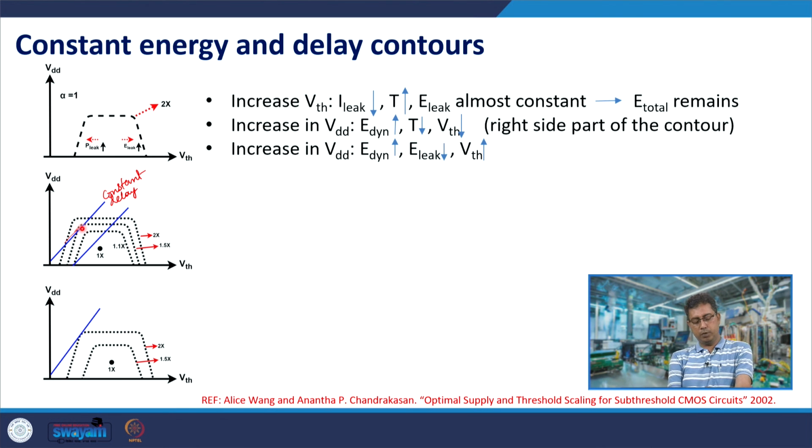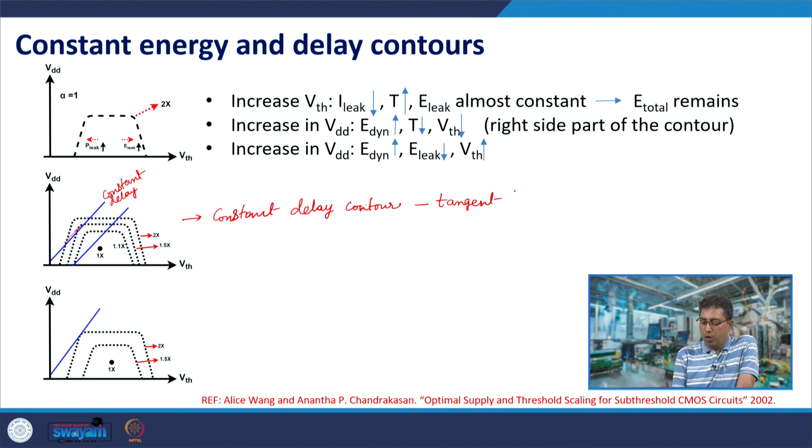So, wherever the constant delay contour touches the constant energy contour as a tangent, that is the minimum energy possible for that value of delay. Constant delay contour tangent of constant energy contour.